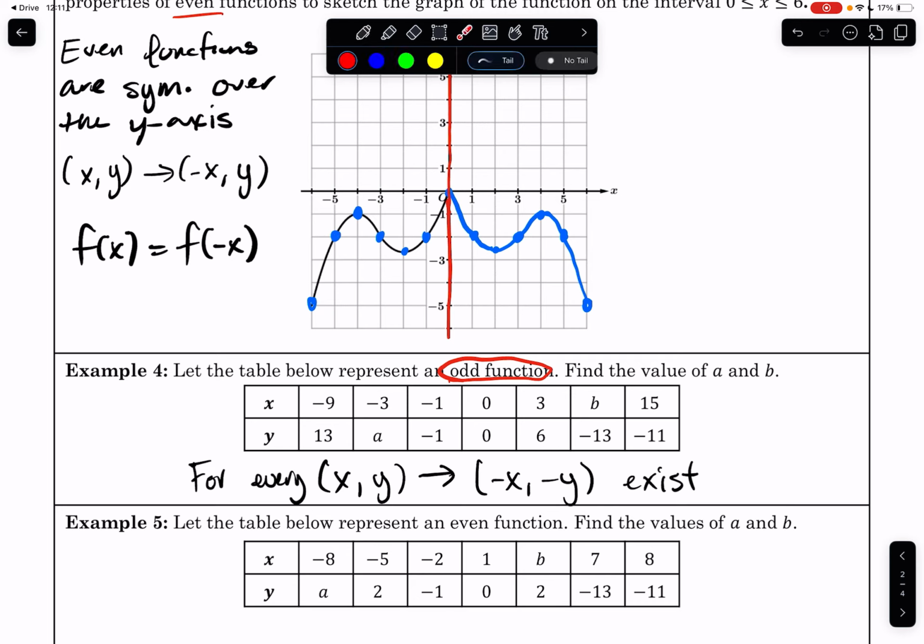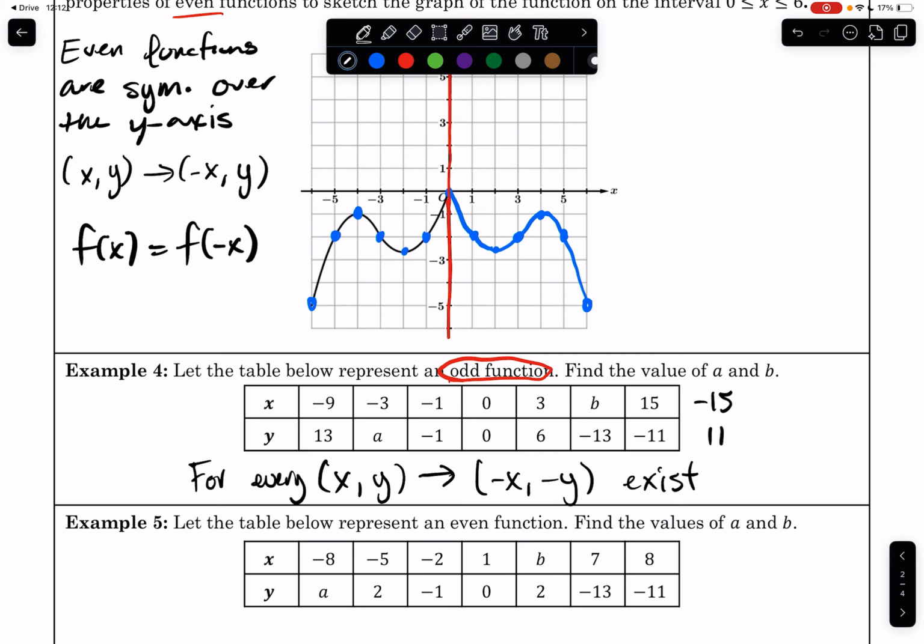So even though it's not showing here, if positive 15 and negative 11 are the x and y values on the graph, then that would mean that negative 15 and positive 11 is also going to be a point on the graph.